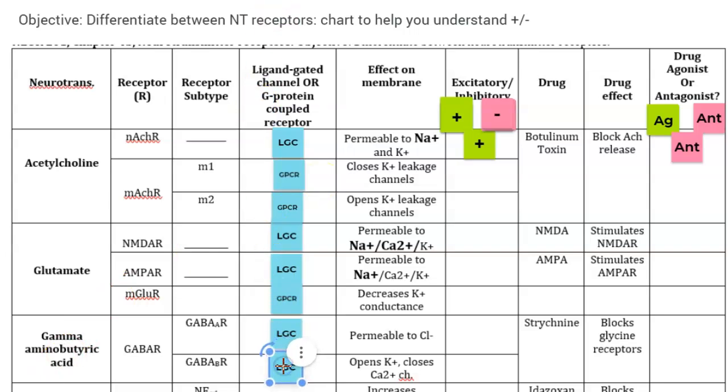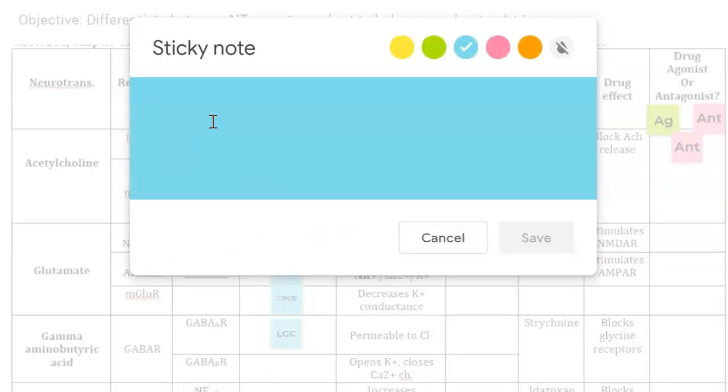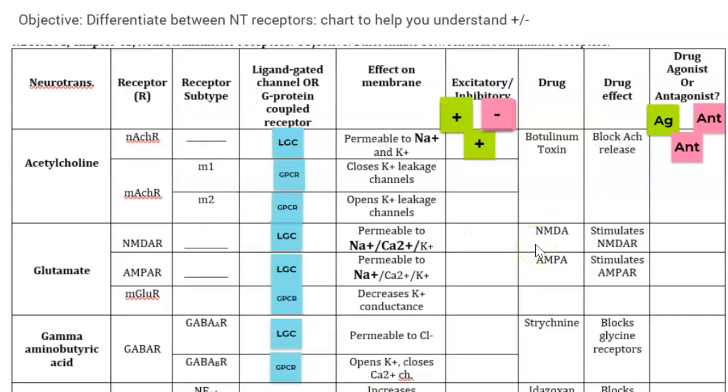So I'm going to change this. It'll be changed on yours too. All right. So hopefully you were able to see that the G protein coupled receptors affect but are not permeable to these. The ligand-gated channels allow the ions to go through, so they are permeable to each of those.